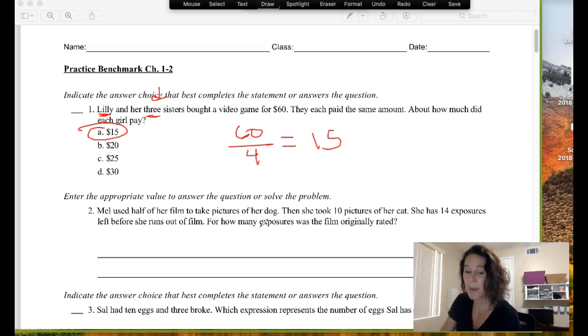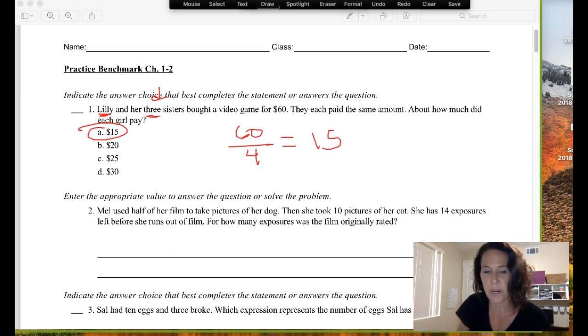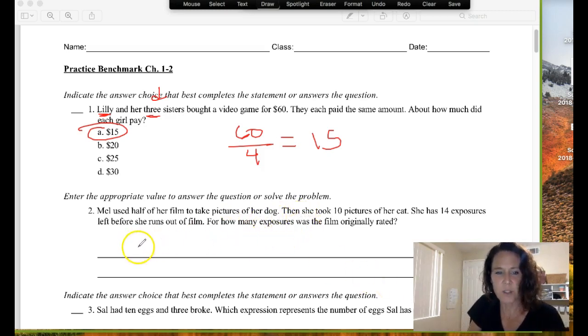In algebra, we might say, let X be the number of exposures the film was originally rated. But here, we could just try one of the plans that we learned in section 1-5, and it was work backwards. And if we work backwards on this, we can say she has 14 exposures left.